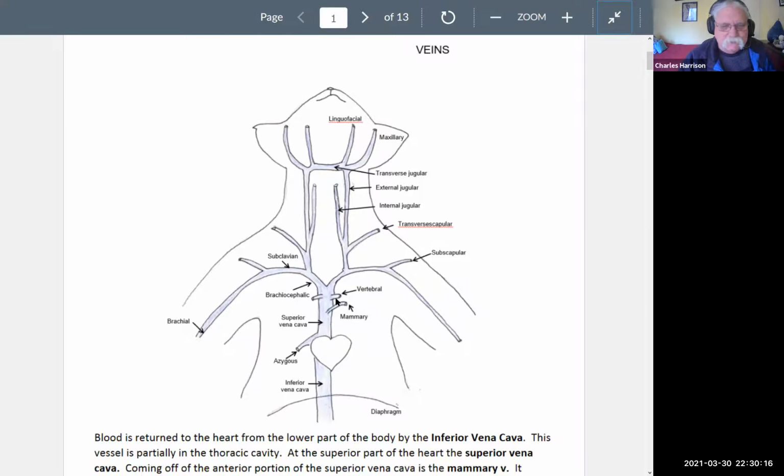But these vertebral veins, they enter underneath, not on top, underneath the superior vena cava, and they come from the vertebrae. If I saw it either way, I would give you credit for it, but I'm going to be able to show it to you very soon.